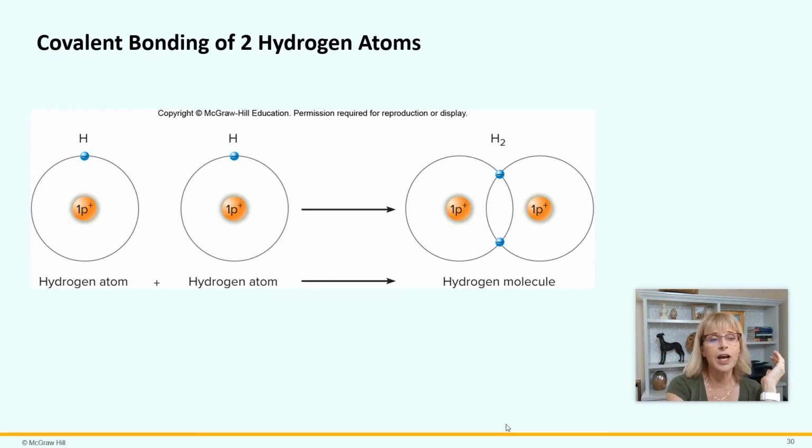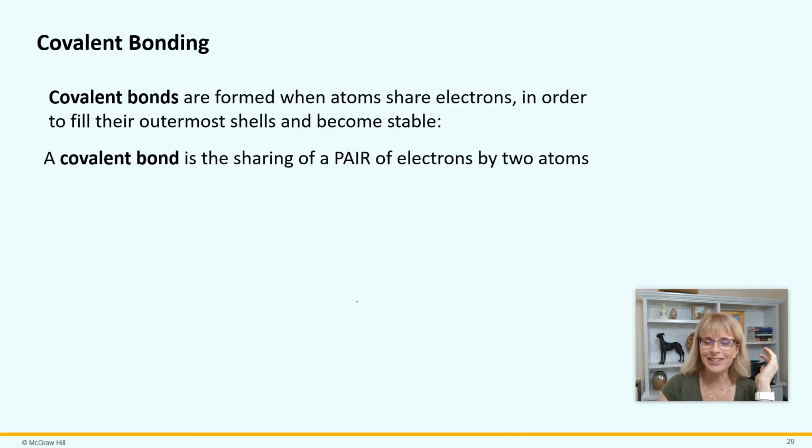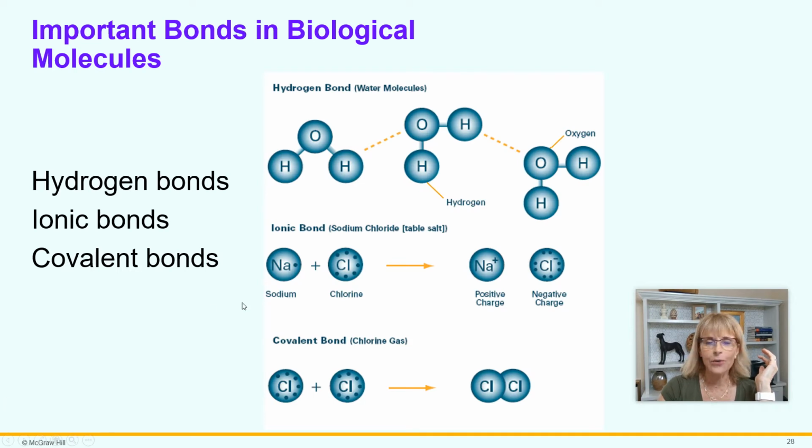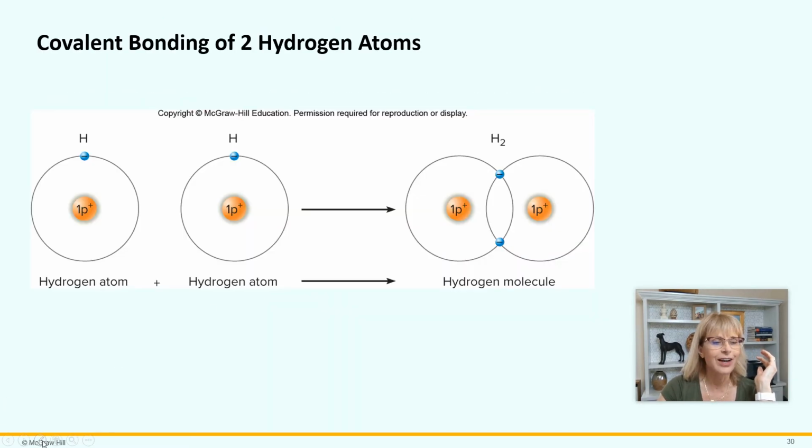So each one of these hydrogen atoms is busy saying to itself, oh, I wish I just had one more electron. Then I'd have a full outer electron shell. And they meet up with each other and they go, hey, I'll share my electron with you if you'll share your electron with me. And when they do, you end up with a hydrogen molecule that's put together by a covalent bond.